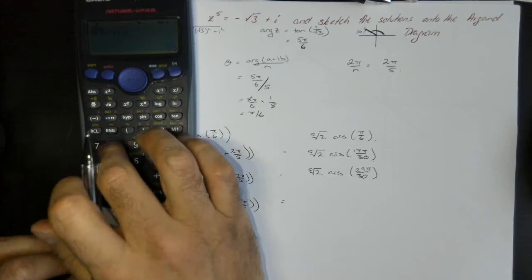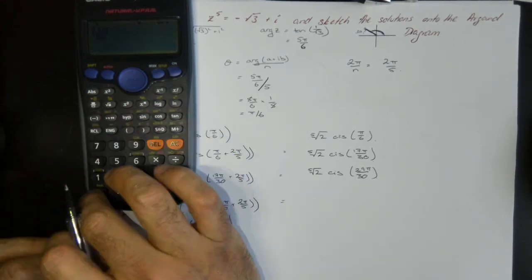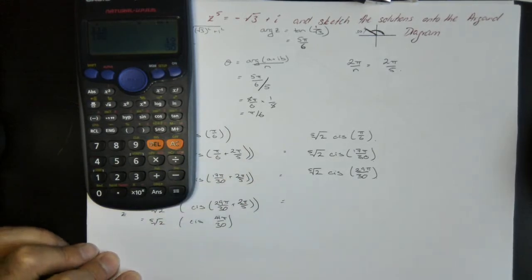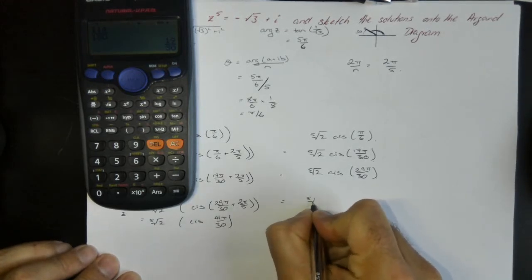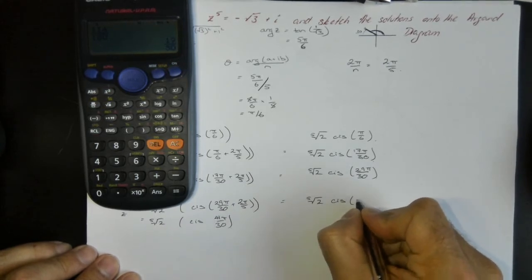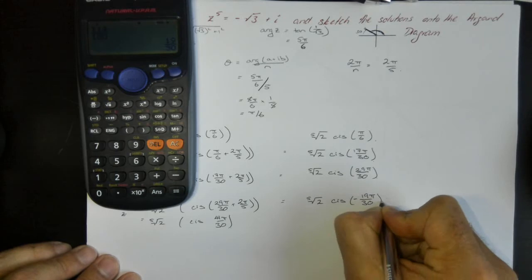So 180 minus 66. So I should have negative 19 pi on 30. So negative 19 pi on 30.